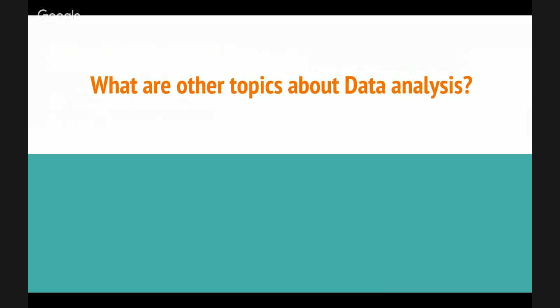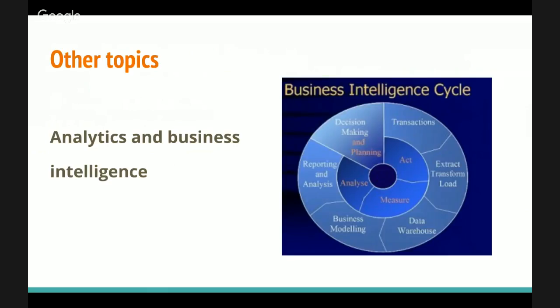What are other topics about data analysis? The first one is analytics and business intelligence. Analytics is the intensive use of data, statistical and quantitative analysis, explanatory and predictive models, and fact-based management to drive decisions and actions.